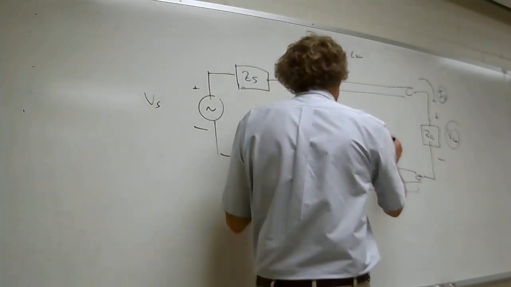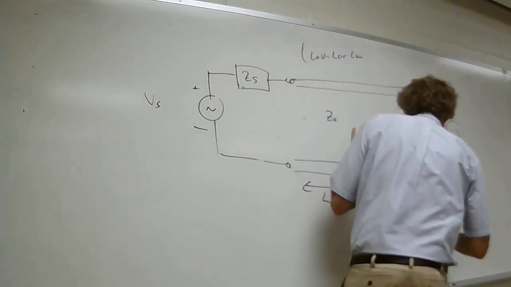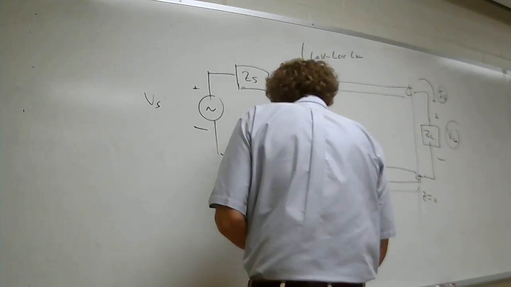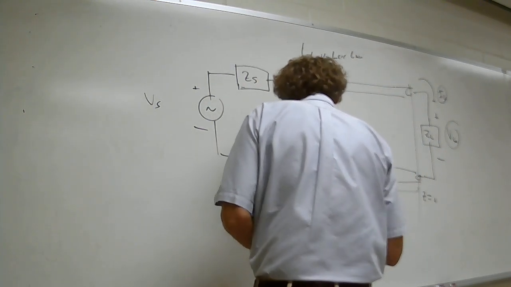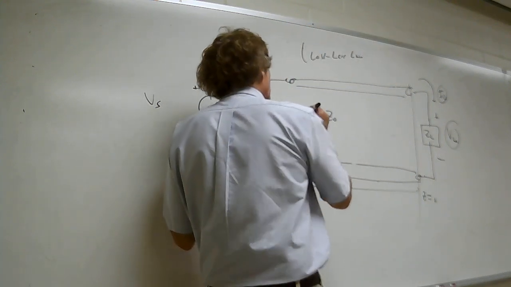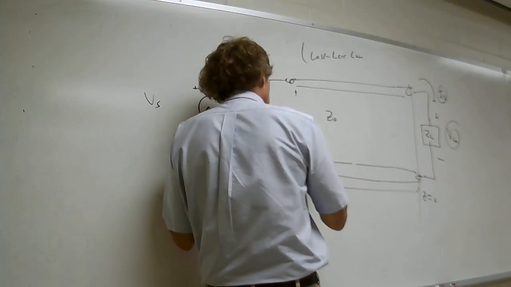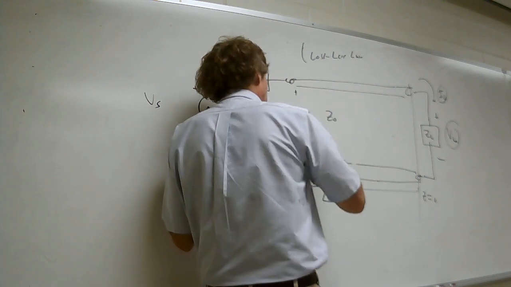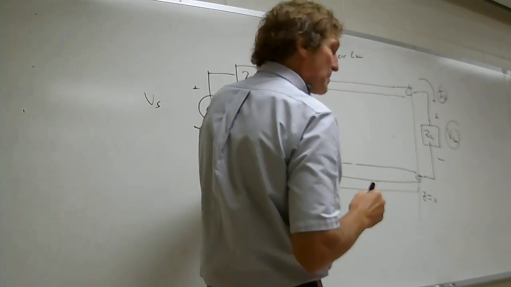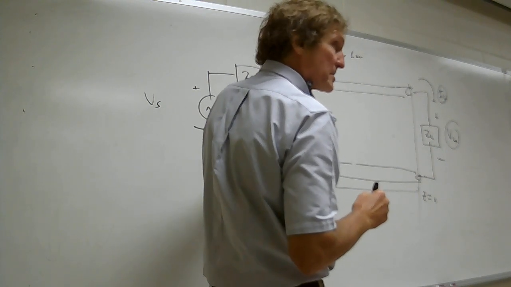Now on this line here, this is going to be at Z equals 0. And this is going to be at Z equals minus L. So what we're going to do is find the voltage just at the beginning right here, and we'll call that V prime. That's the voltage just at the beginning of the transmission line. You with me on this, class?